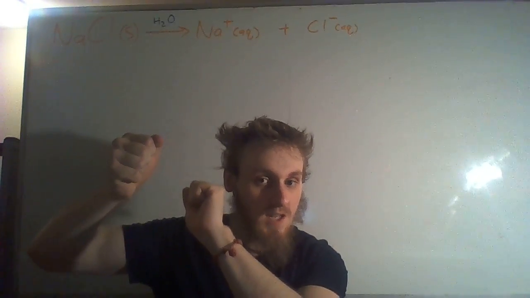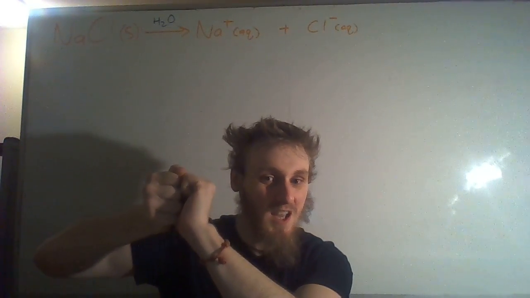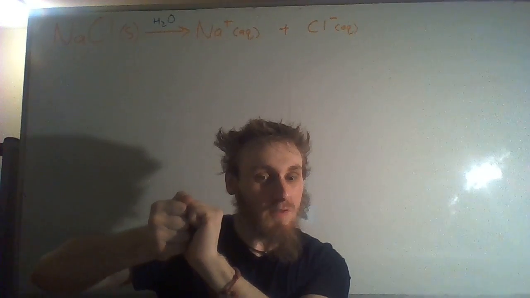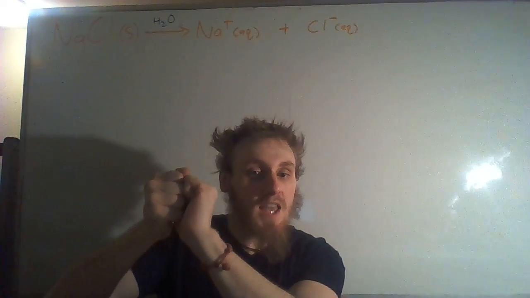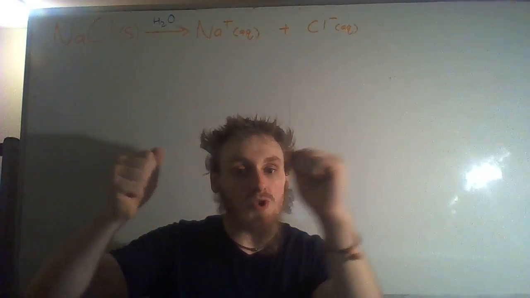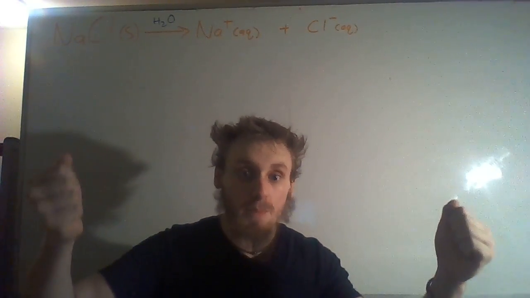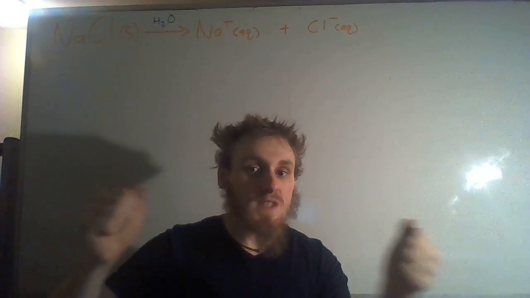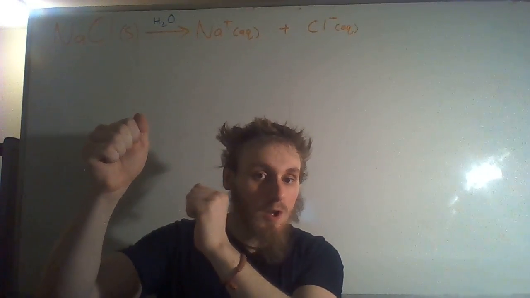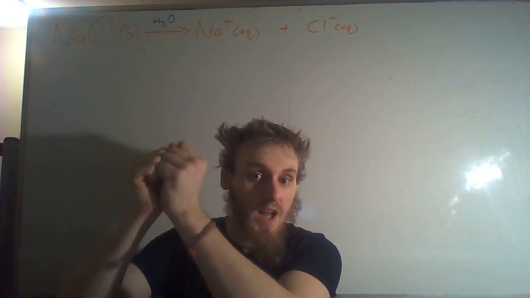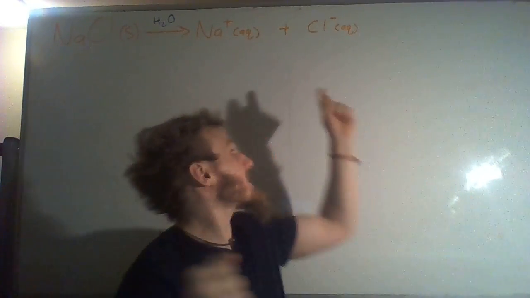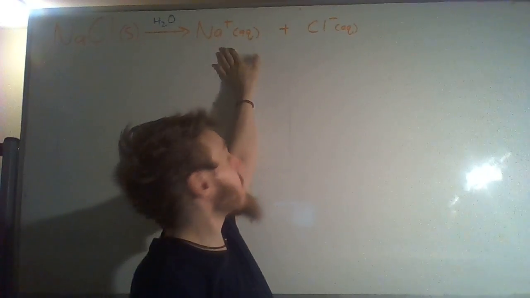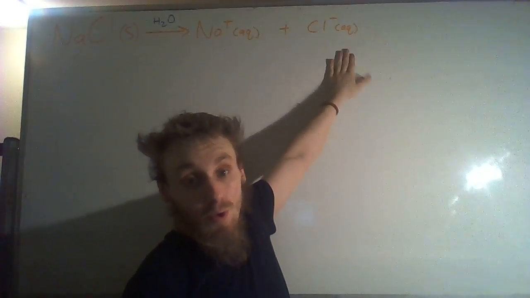Your sodium ion is going to be right next to your chloride ion. But after a very short amount of time, and believe me, it won't take very long at all, those ions will dissociate from one another. They'll separate from one another, thus giving us individual sodium ions and chloride ions.